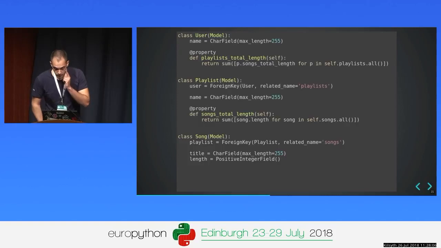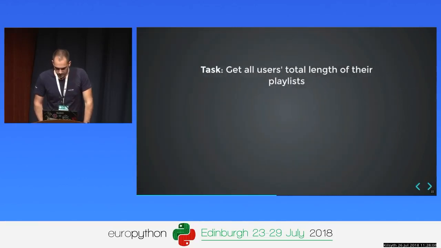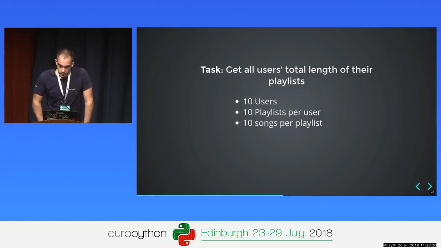But the problem with this code is if you want to get all users with the length of all their playlists, nothing else, just that. And we have 10 users. Every user has 10 playlists. Every playlist has 10 songs.